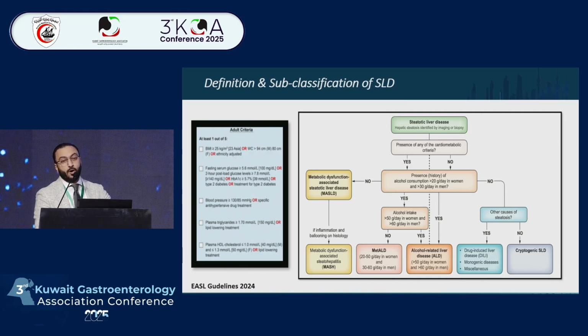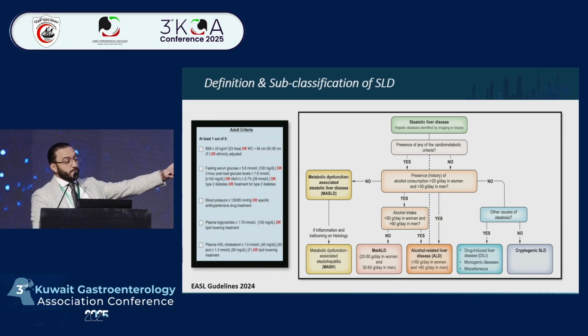Second, the patient is diabetic, or has impaired glucose or pre-diabetes, with fasting blood sugar equal to or more than 5.6 or HbA1c equal to or more than 5.7. The third criterion, the patient is hypertensive or has blood pressure more than or equal to 130/85. The fourth criterion, the patient is dyslipidemic or has plasma triglycerides equal to or more than 1.7. The fifth criterion, the patient is dyslipidemic as well or has serum HDL less than 1 in males or less than 1.3 in females.